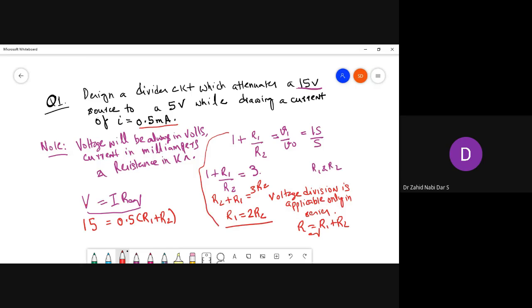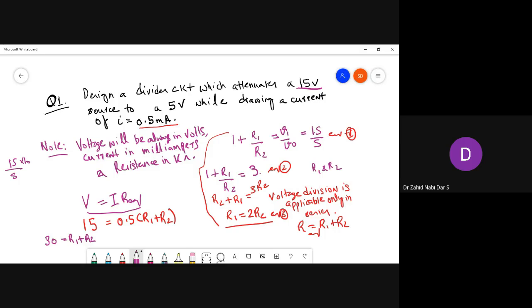This is one relationship from this particular equation. If we write this as equation 1, equation 2, and finally from solving we get this value, equation 3. Now here is another equation. This is 15 divided by 0.5, that's 5 into 10, so this is 30. So R1 plus R2 is equal to 30.